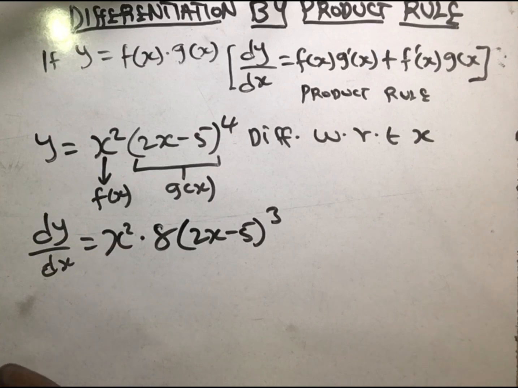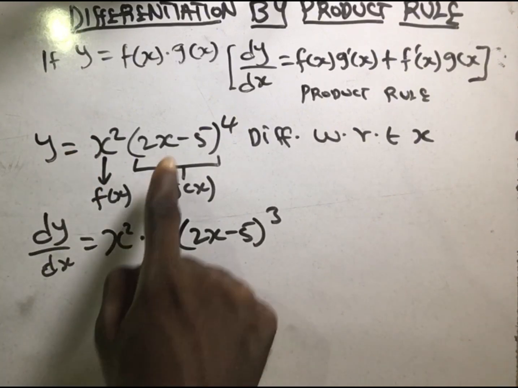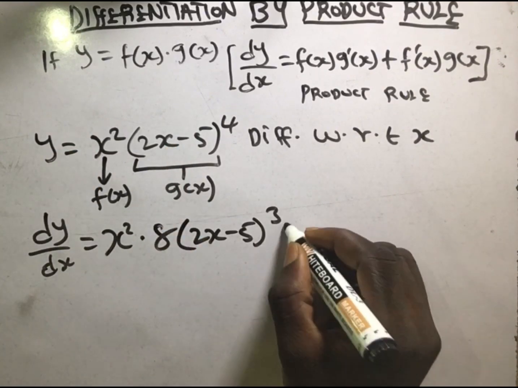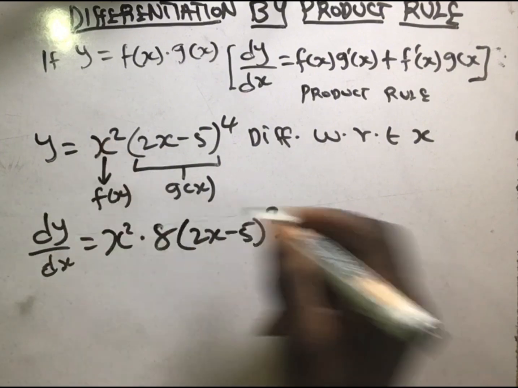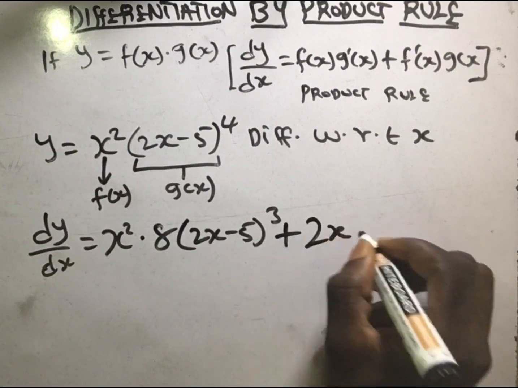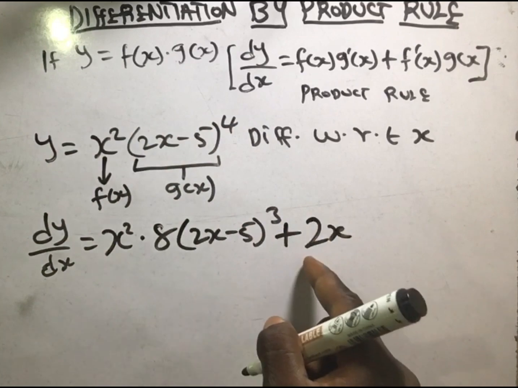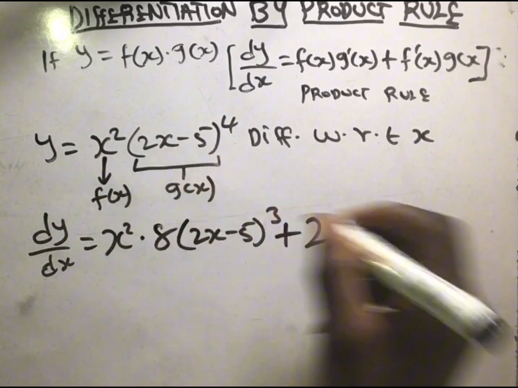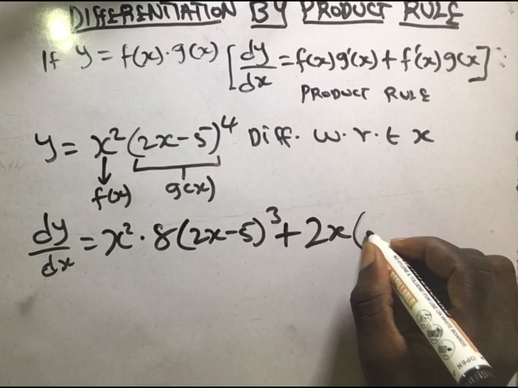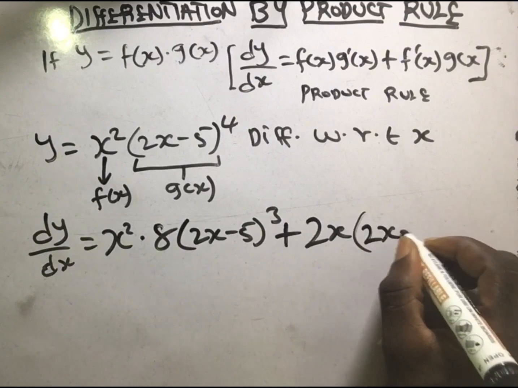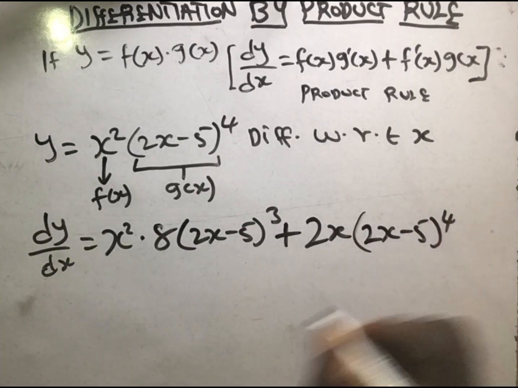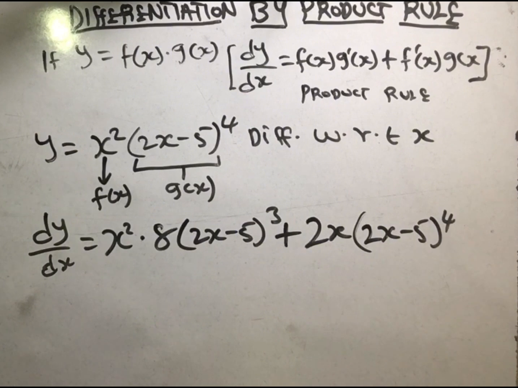Now we brought this down and we differentiated the second term, plus now we differentiate the first term, which gives us 2x, because 2 comes down, 2 minus 1 gives us 2x. Then we rewrite our second equation like that, 2x minus 5 to the power of 4.